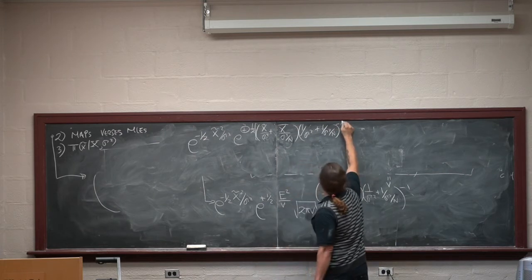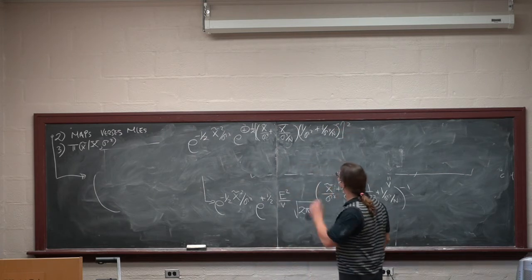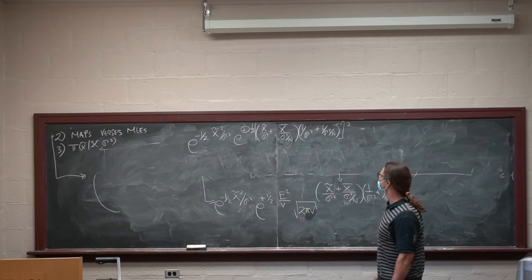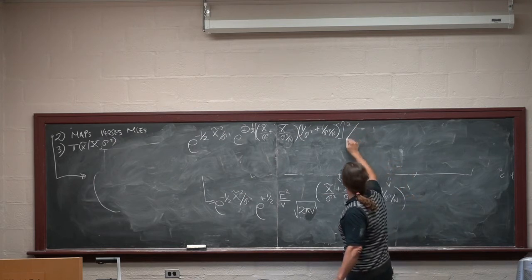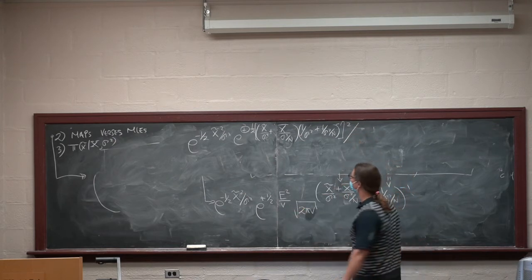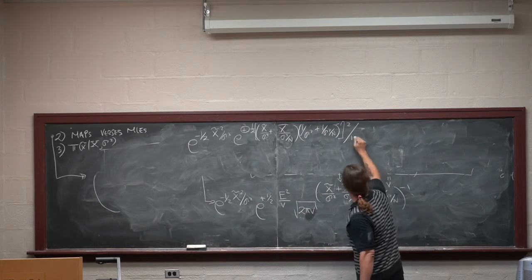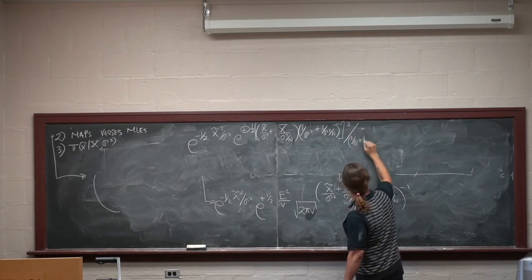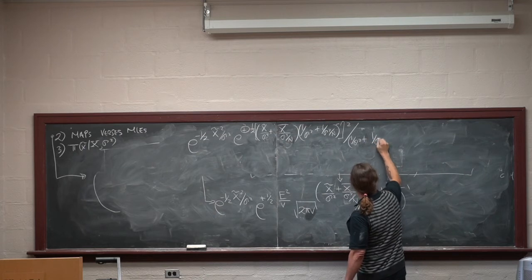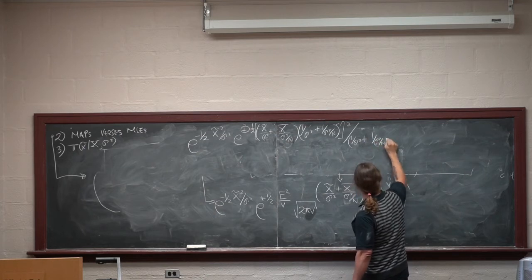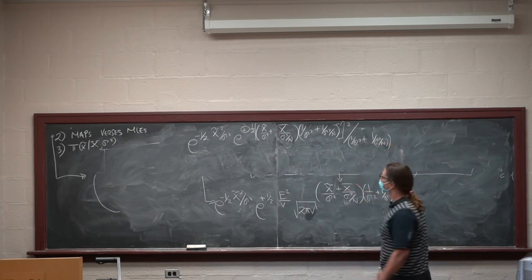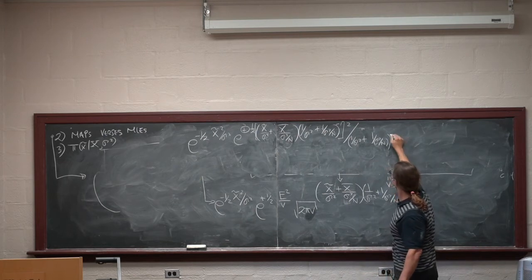inverted, squared, and then I have to divide by my variance. So that's the E squared over V term. So it'll be 1 over sigma squared plus 1 over sigma squared over n, inverse.